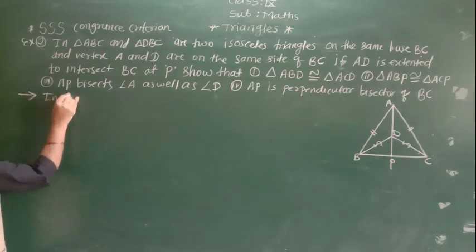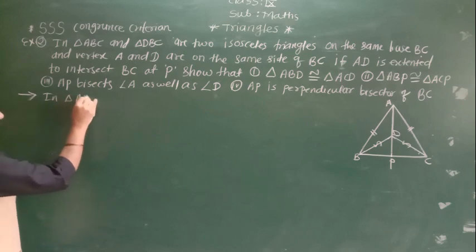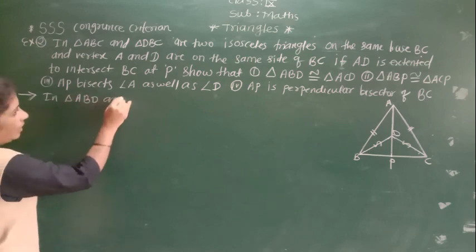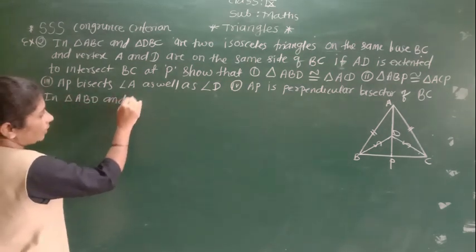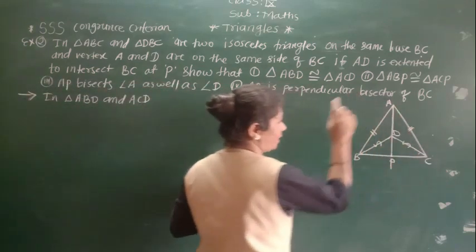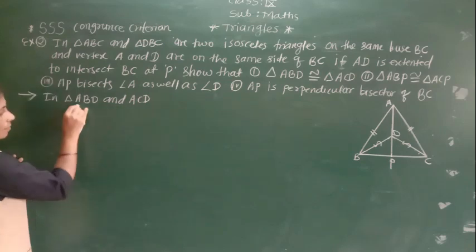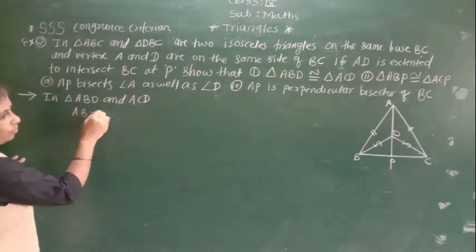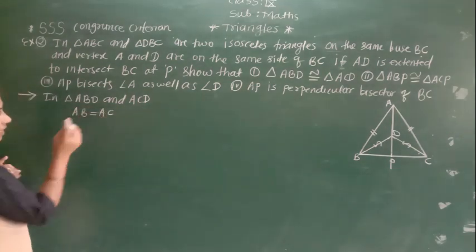So in triangle ABD and triangle ACD, what is there? AB equals AC. Also what?